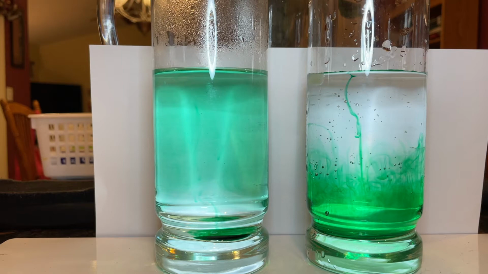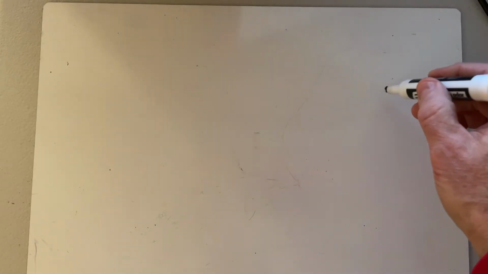Now I'm going to draw a model that shows the food dye. I'm going to concentrate on the 2-minute model where there's the most difference. And I want to show the macroscopic view and the molecular view. Not microscopic, because a microscope can't really see the molecules.